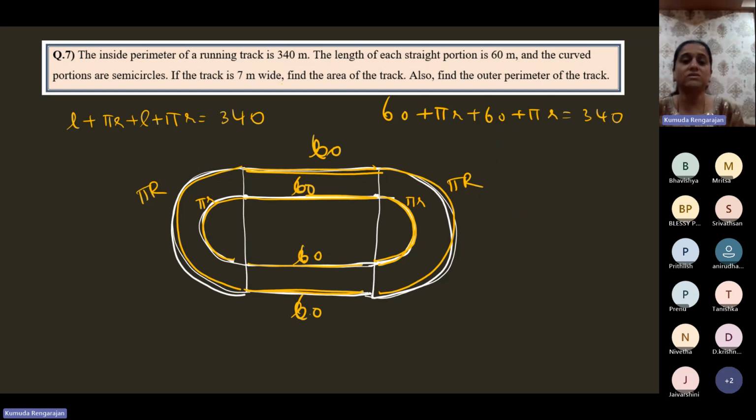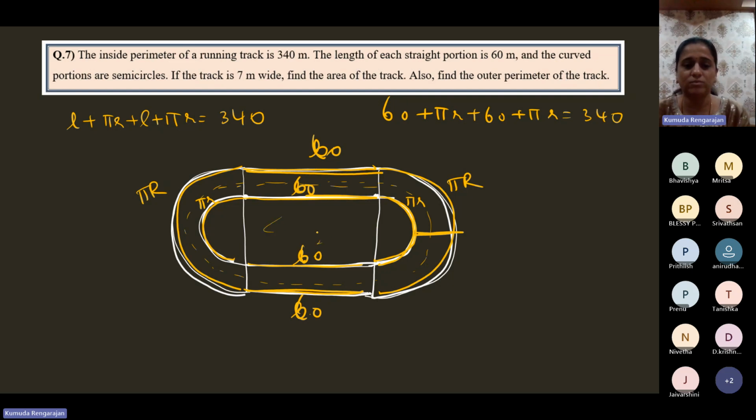If the track is 7 meters wide, this is the track. This is where the athletes run or whatever sport is conducted here. This is the place in the middle where people can sit and watch the games happening.